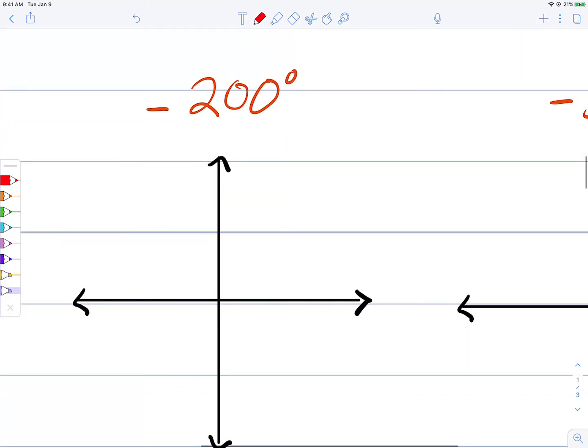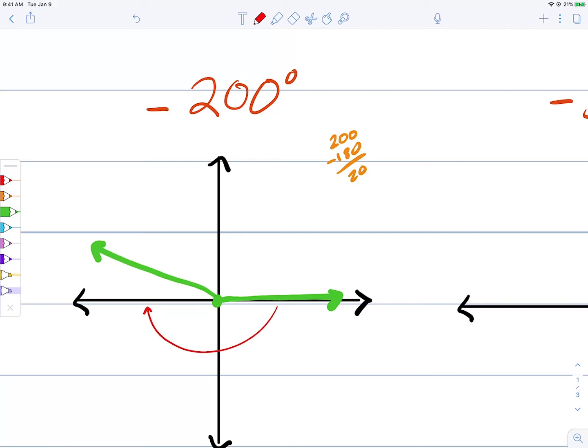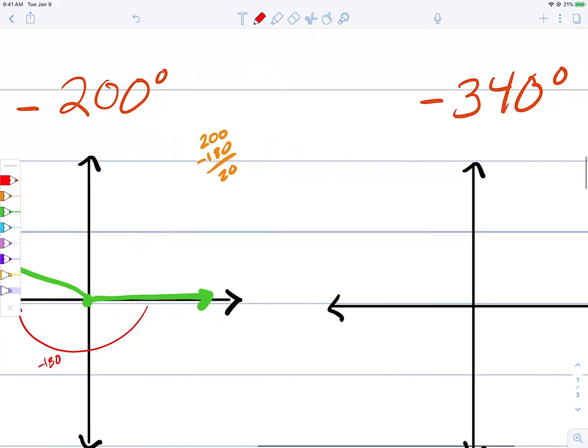How about negative 200? Okay, here's my initial side. Now, one of the benchmarks that I know is 180 goes straight across. So beyond 180 it's going 20 more beyond 180. So here's my 180 plus 20 more. And there is my negative 200 degree angle.